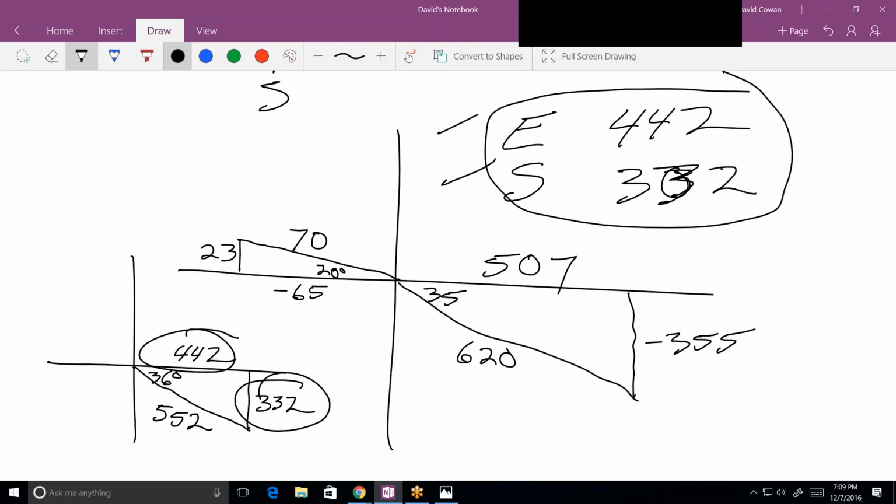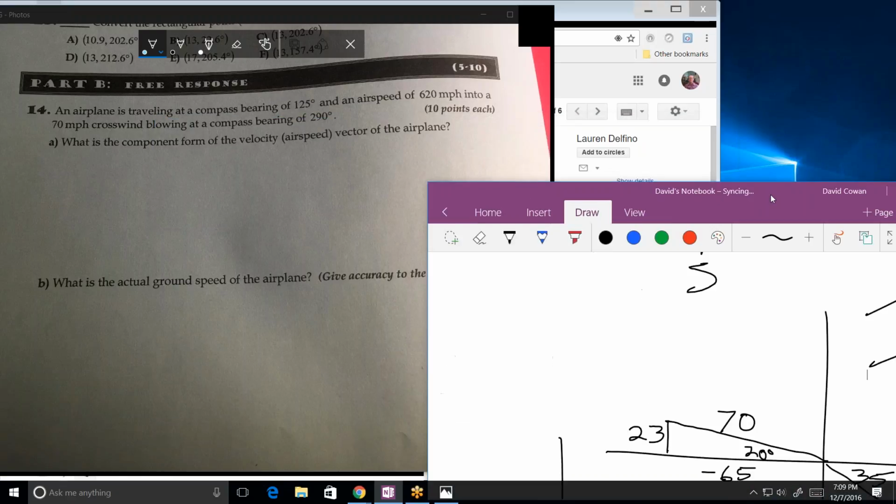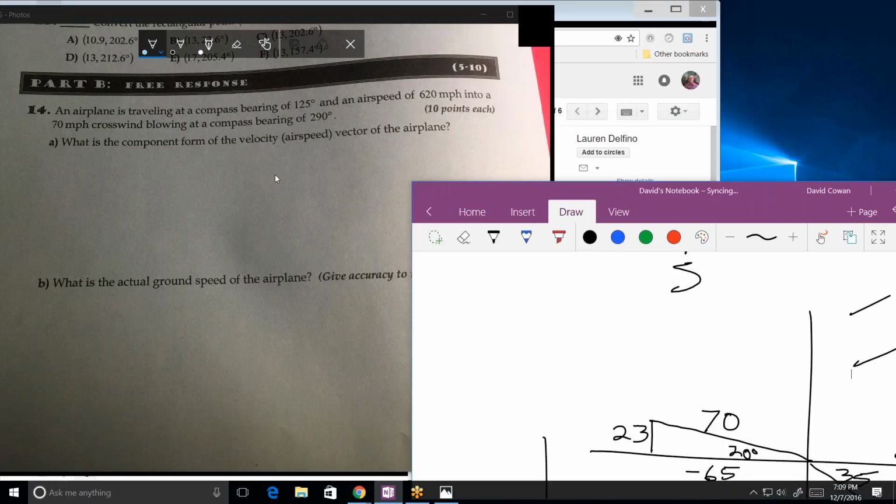Okay? And that's how you do all of these vector problems, is basically figuring out the horizontal and vertical components, adding them with the other vector that you're involved in, then you can come up with a resultant vector.